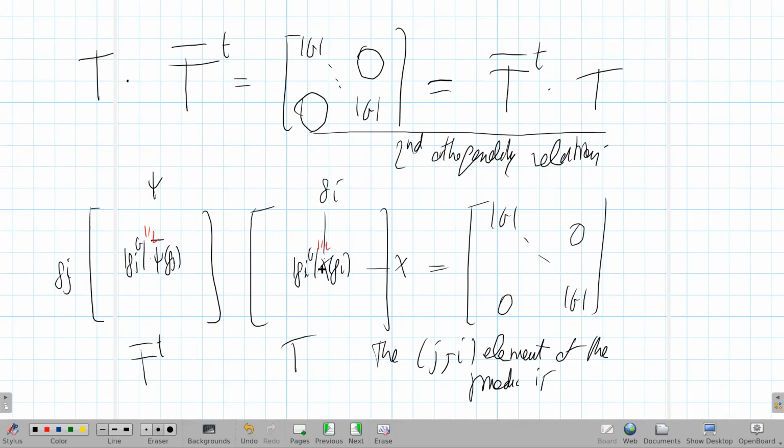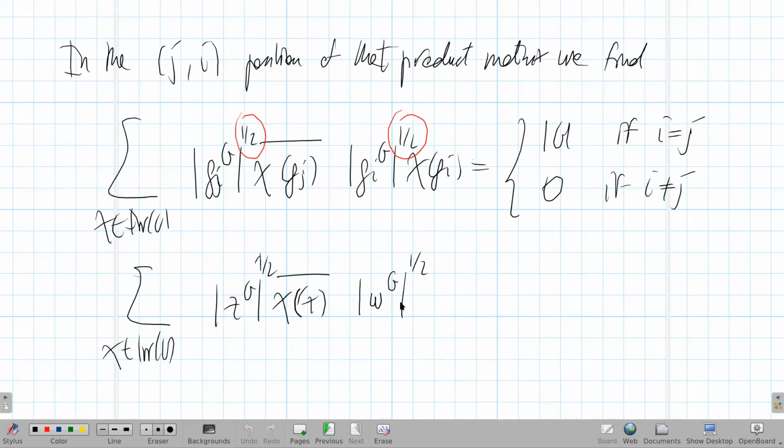So the red ones are the square roots which were needed. Otherwise you get the order of G squared, or otherwise I get a mess. So Z and W, and chi of W, gives the order of G, or 0 if Z and W are not conjugate.